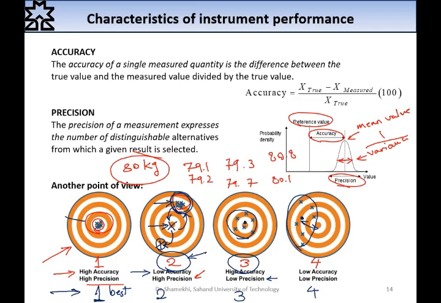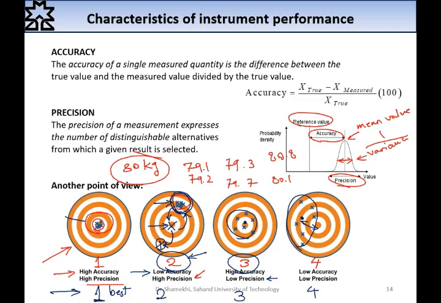It means that the precision is low because the variance of the results is high, and as I mentioned before, the precision is the inverse of the variance. Therefore, when the variance is high, the precision will be low.